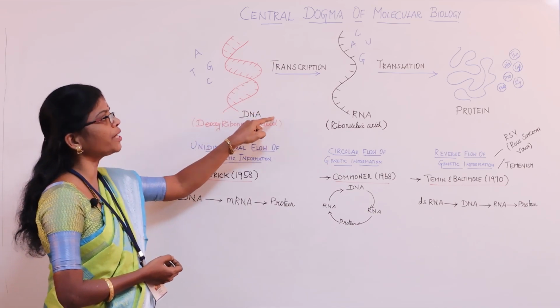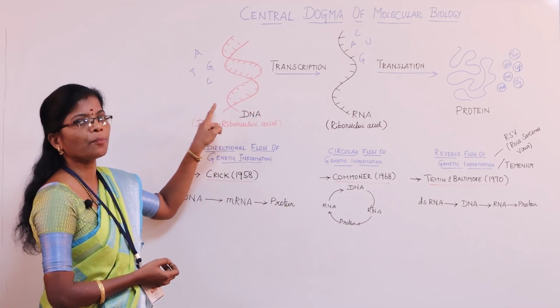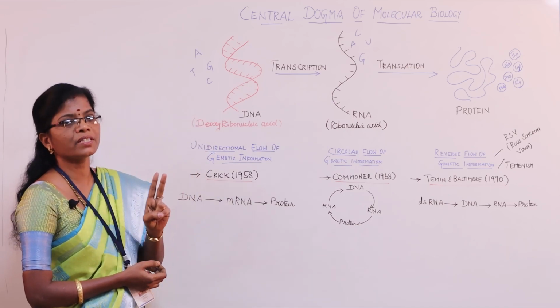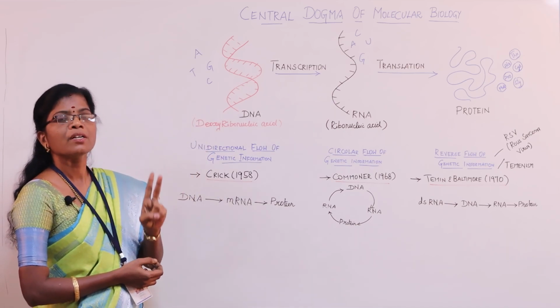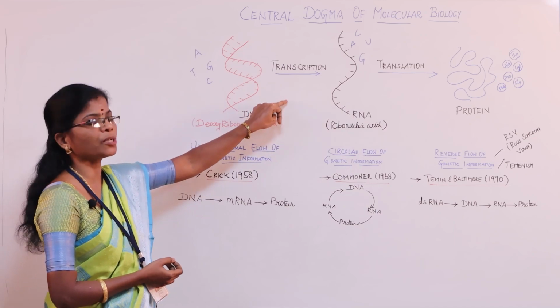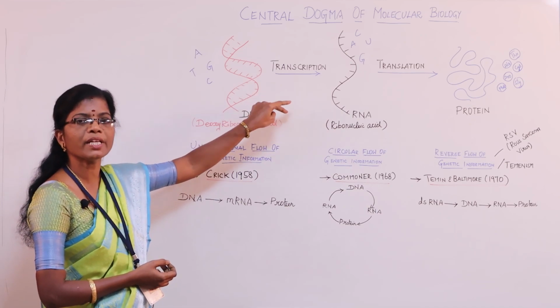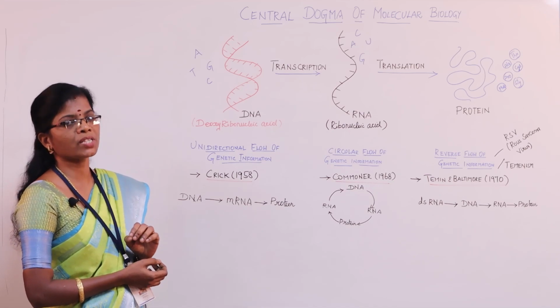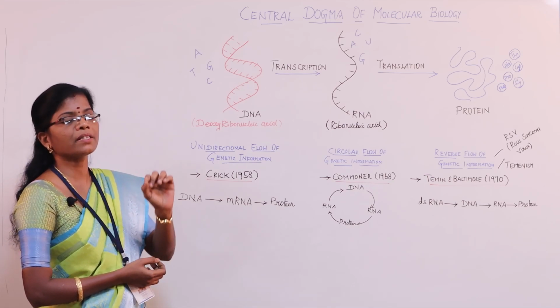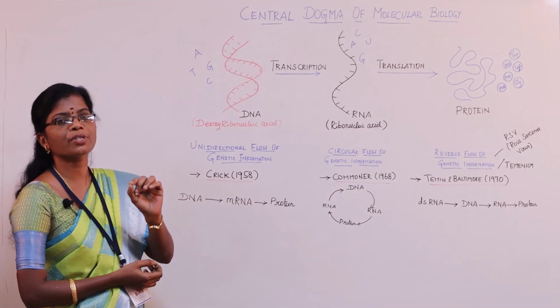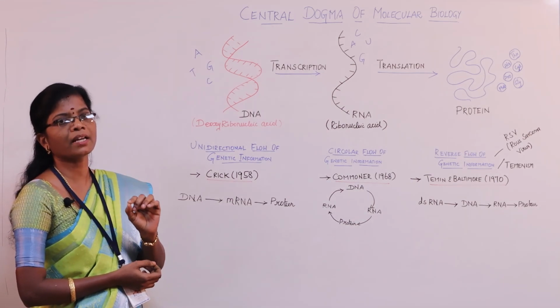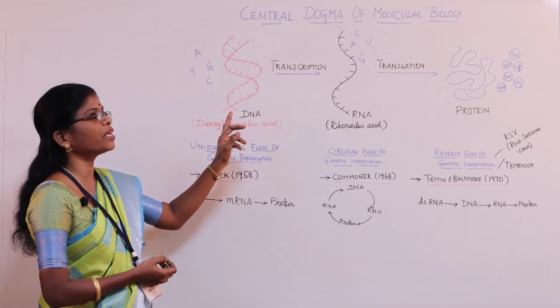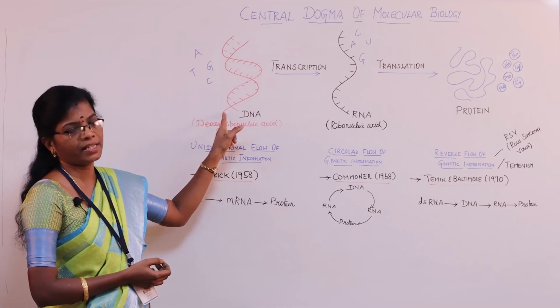In transcription, the two strands of the DNA are involved, but not both strands act as a template strand. So what is the template strand here? The template is the strand which produces a complementary RNA strand.